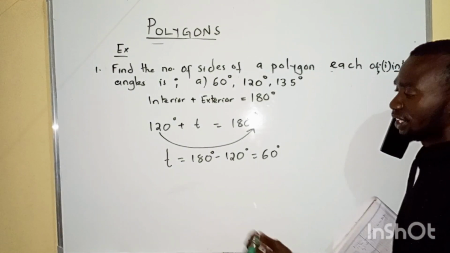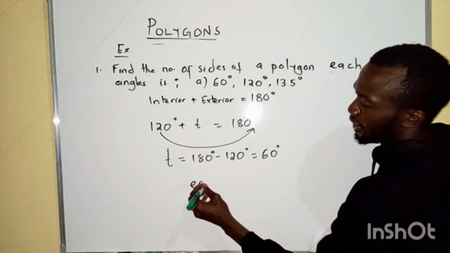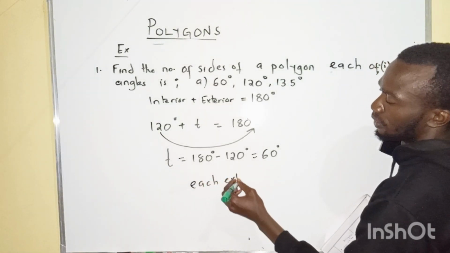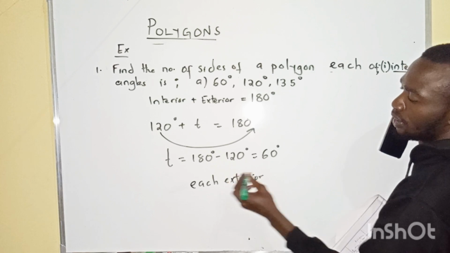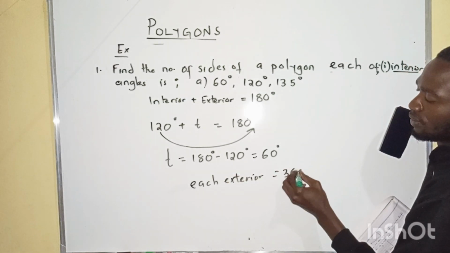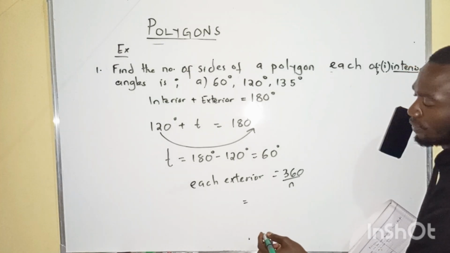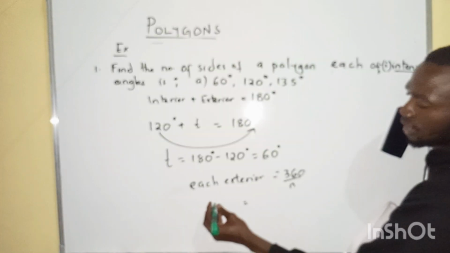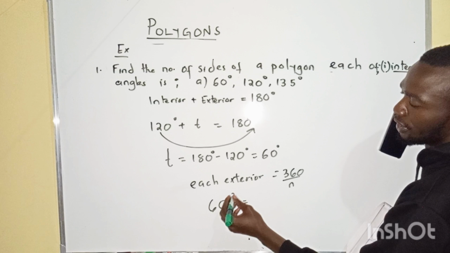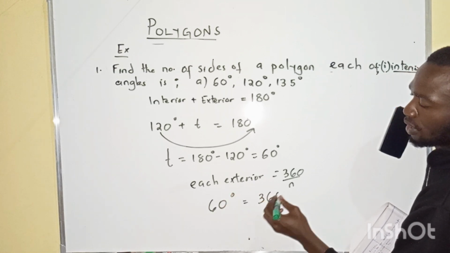So how do you get the number of sides? Each exterior angle is equal to 360 over n. So 60 degrees is equal to 360 over n.